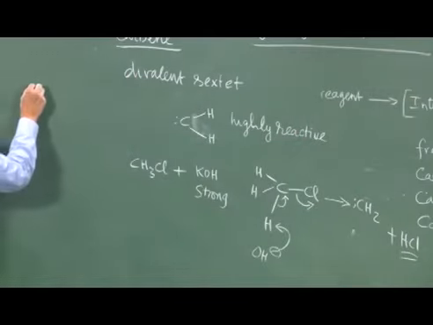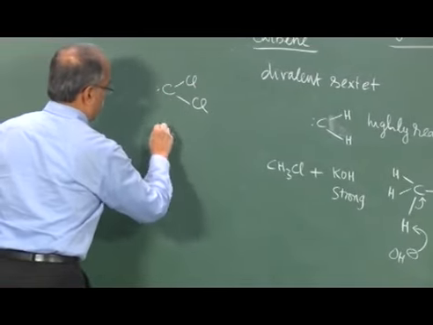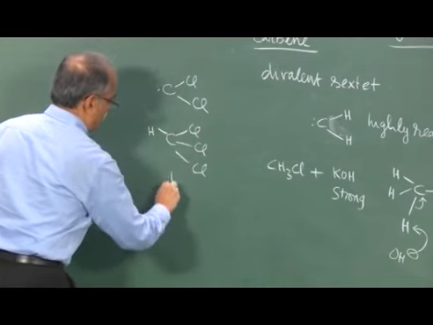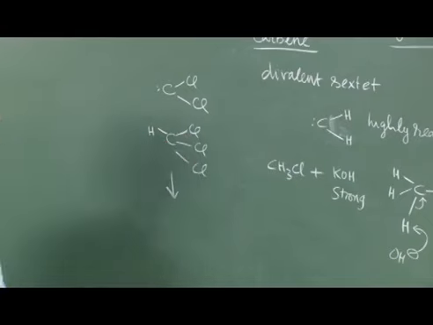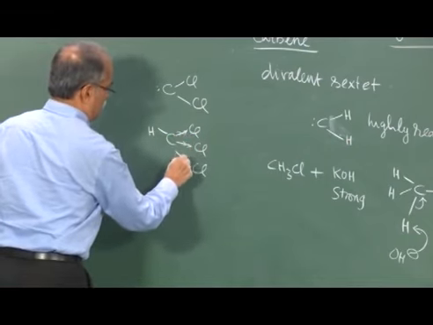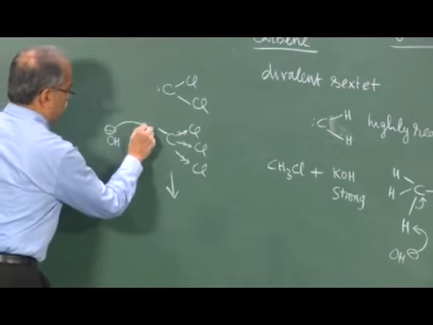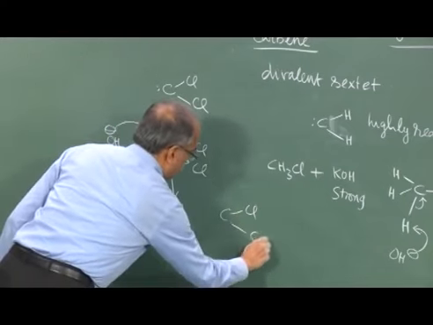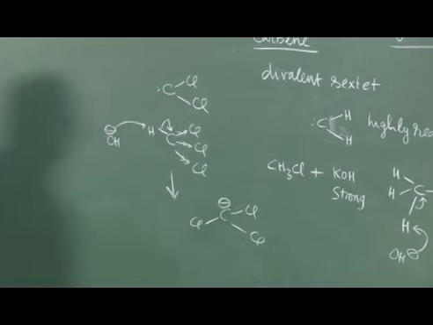On the other hand, dichlorocarbene can be produced by reaction of chloroform. When chloroform is treated with sodium hydroxide, because the 3 halogen atoms attached to the carbon have the strongest inductive effect in this particular system, it initially produces a trichloromethyl anion.